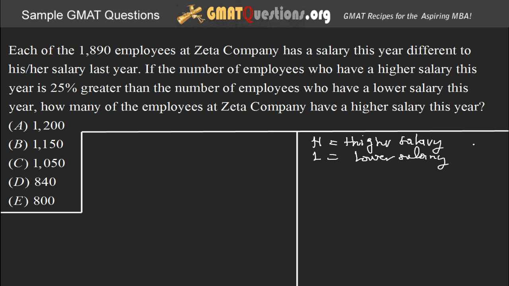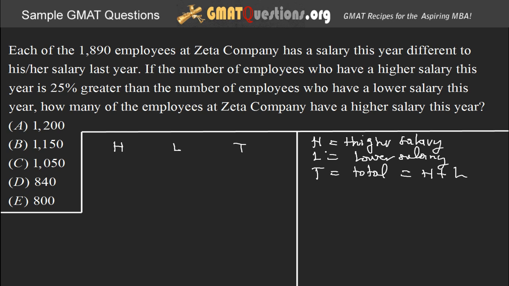I don't want to write everything, I just want to save time. And T is the total number of employees, which is equal to H plus L. Great. Having established that, all we have to do now is write H, L, and total.